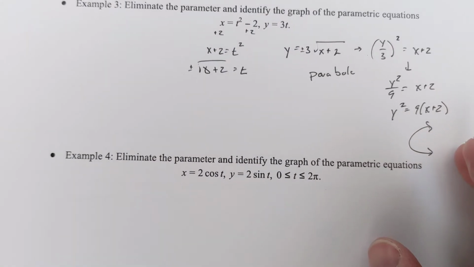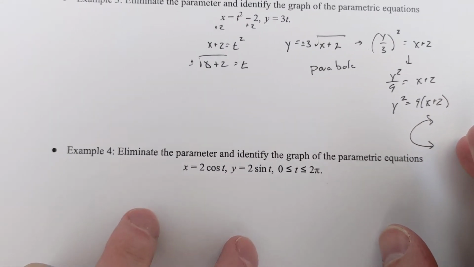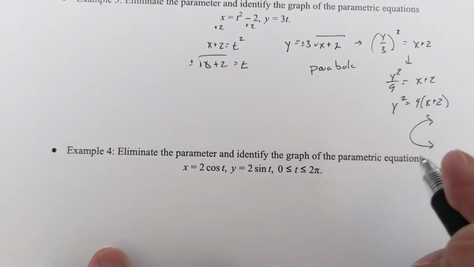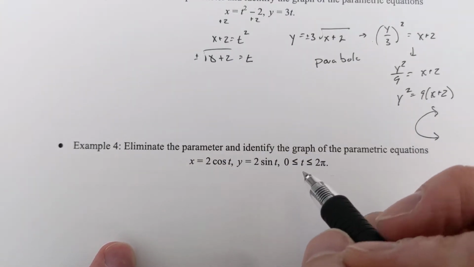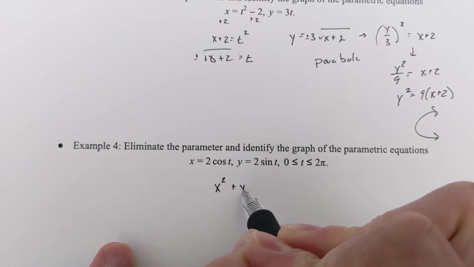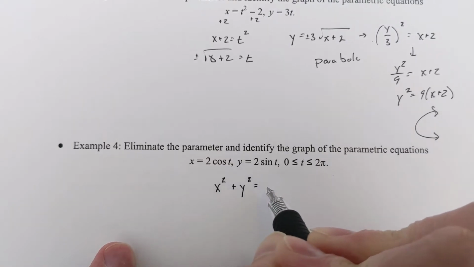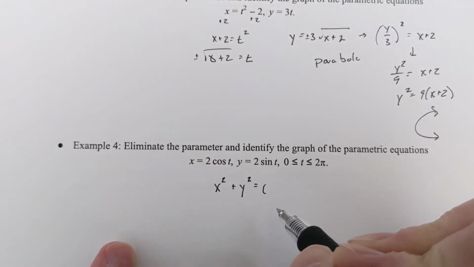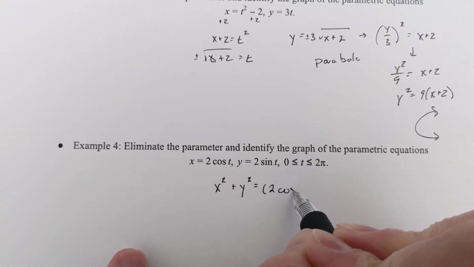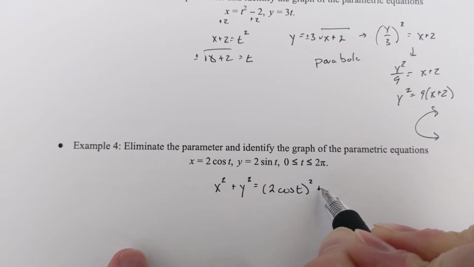I don't really want to do this with... So typically, if you have 2 different trig functions, we're going to use this trick, because what it's going to let me do is get rid of my trig functions.